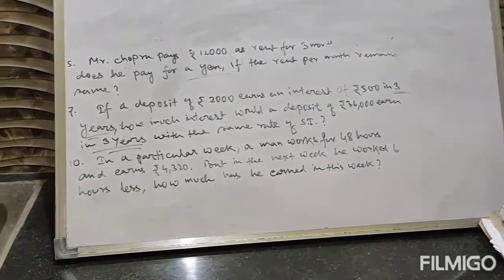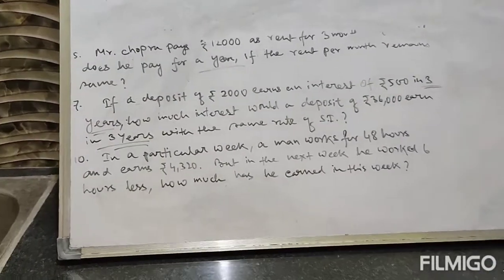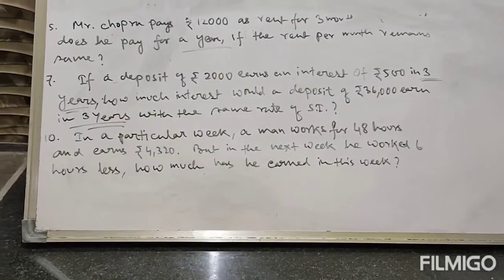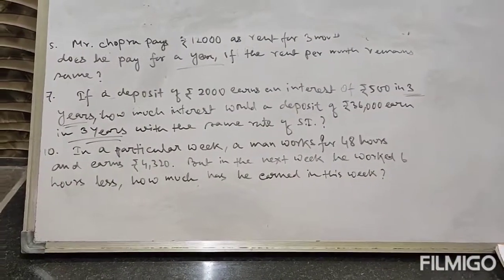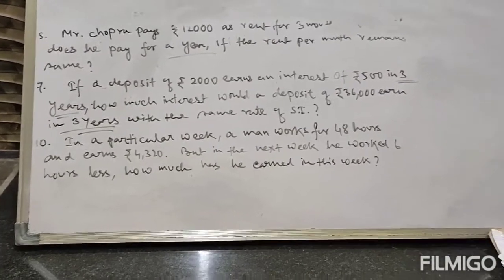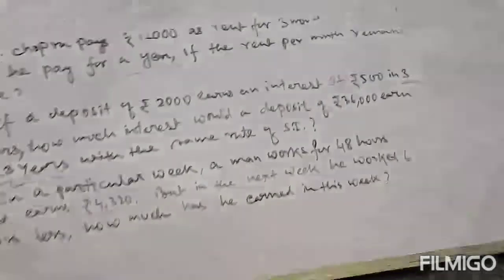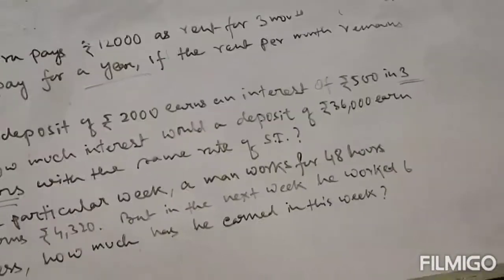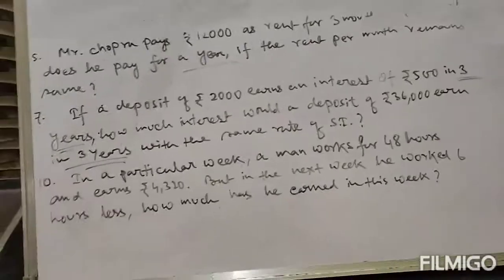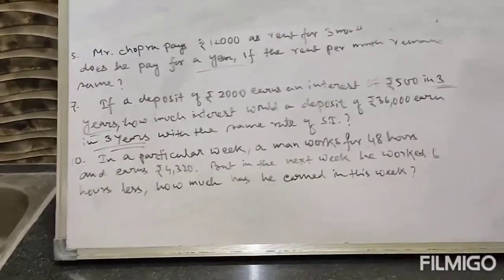How much has he earned in this week? So in the first week he is working for 48 hours and earns rupees 4320. In the next week he worked 6 hours less. That means he is working 42 hours, if you subtract 6 hours from 48 hours. So he is working for 42 hours.